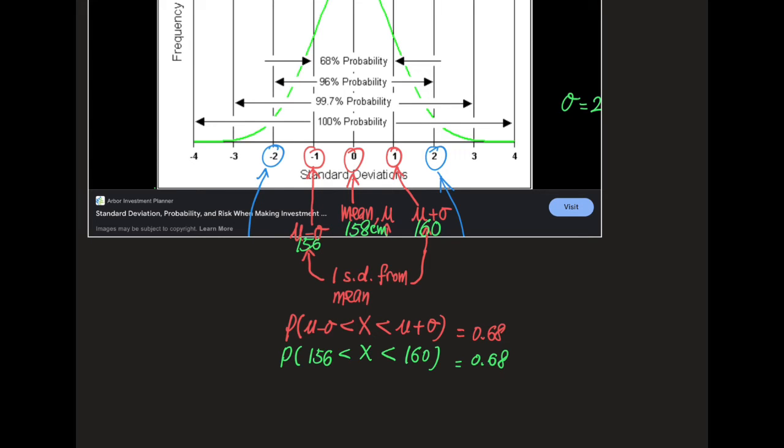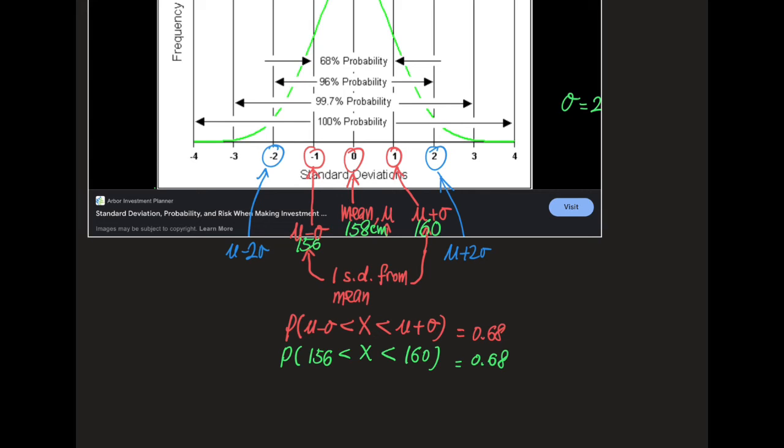For our case, the mean is 158, so mu plus 2 sigma is 158 plus 2 times 2, which is 158 plus 4, 162.